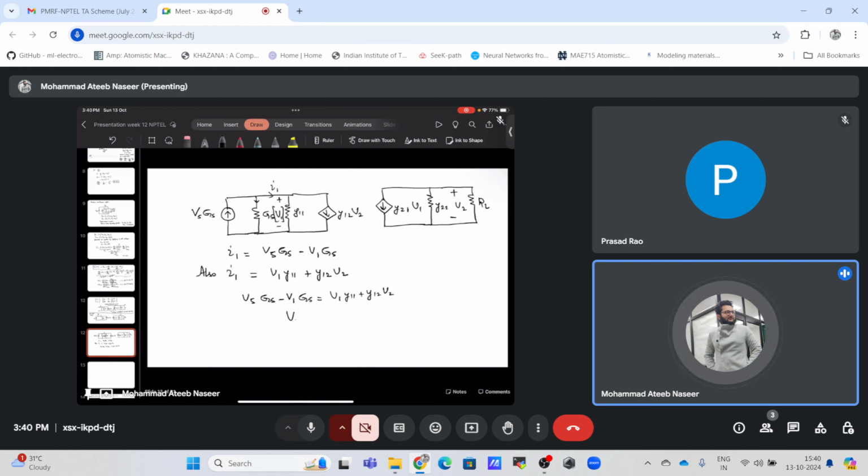So it is simply Vs Gs equals Y11 plus Gs times V1 plus Y12 V2. So this is our equation 1.